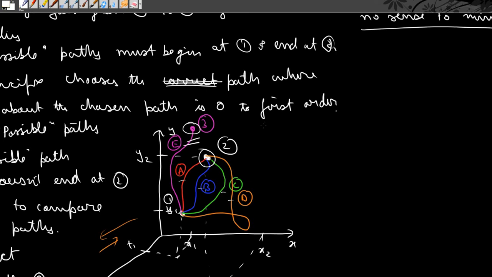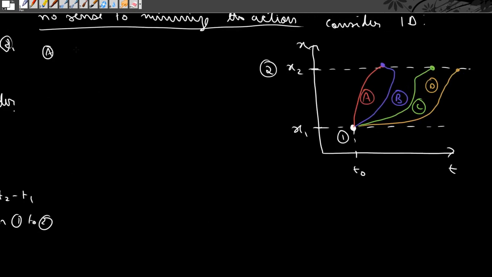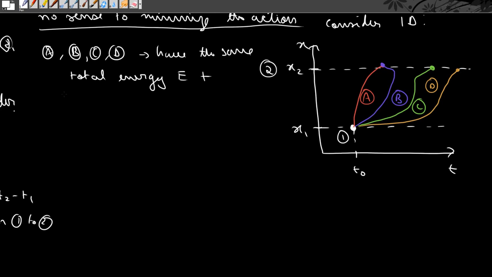Okay, so let me write that down. So here A, B, C, D took the same time t given by t2 minus t1 to go from 1 to 2, whereas here A, B, C, D have the same total energy E, plus the energy is conserved along these paths.